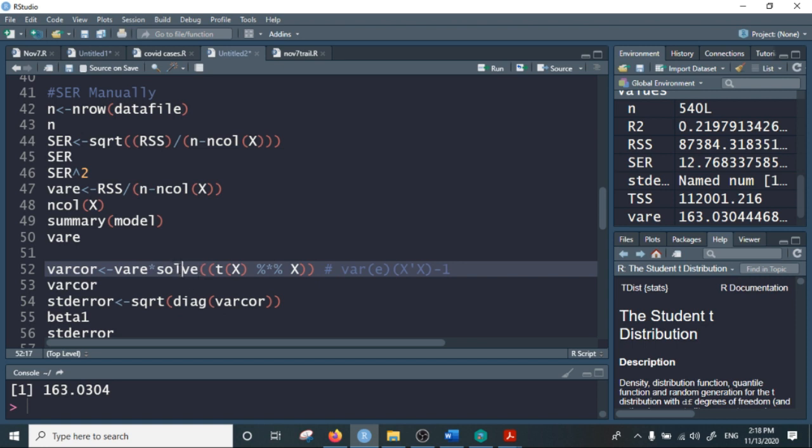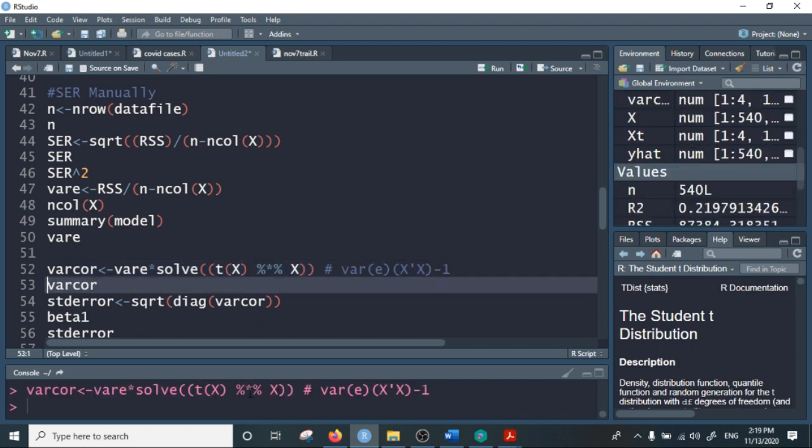Or we can do all the three functions in the same line. We first find the transpose of x, then multiply transpose of x by x, and then finally find its inverse and then multiply by the variance of error term. This calculates the variance covariance matrix.